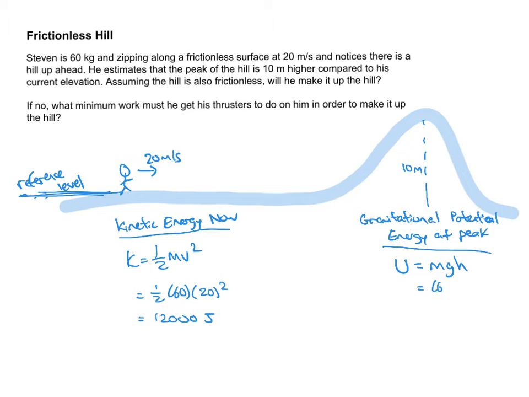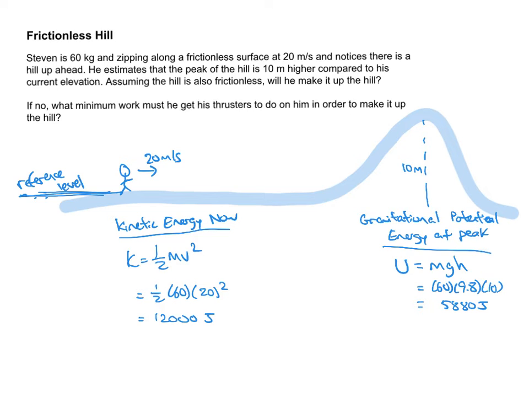So work that out: 69.8 times 10 meters is 5,880 joules. So it looks like he has plenty of energy. There's not going to be any risk here. He's got an excess of more than 6,000 joules actually.